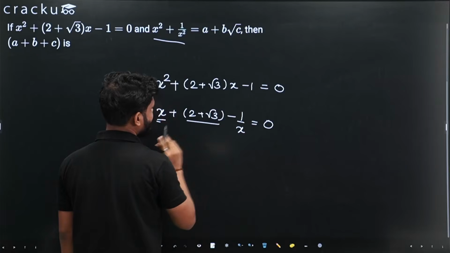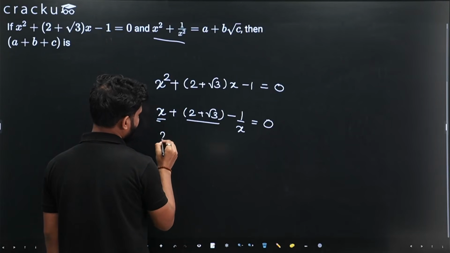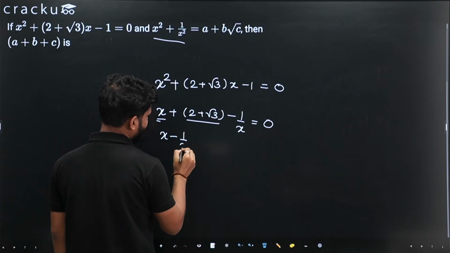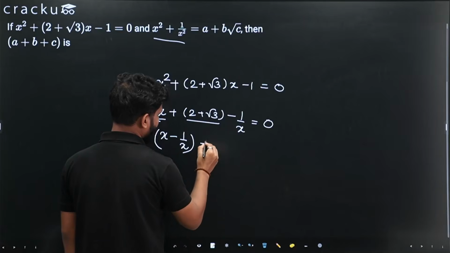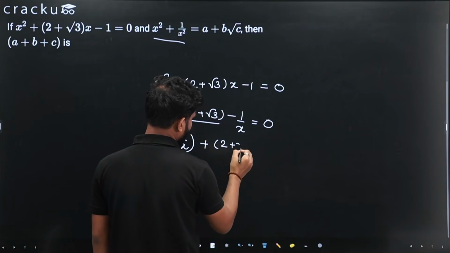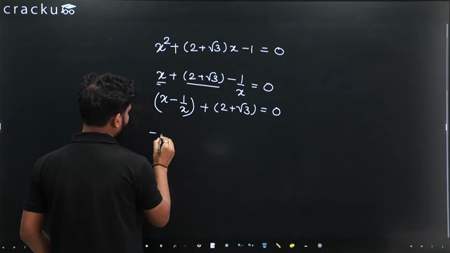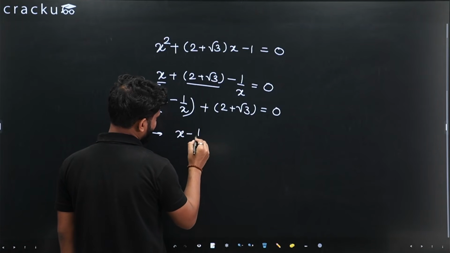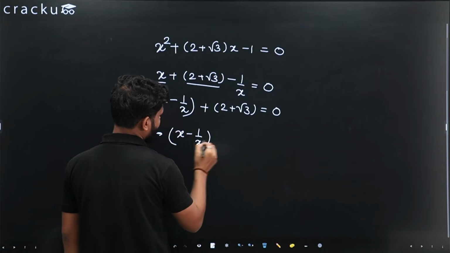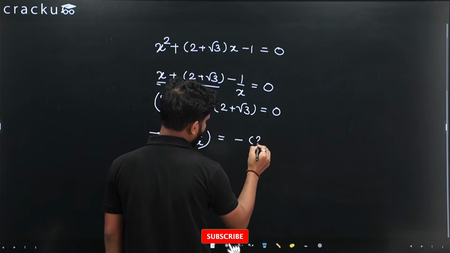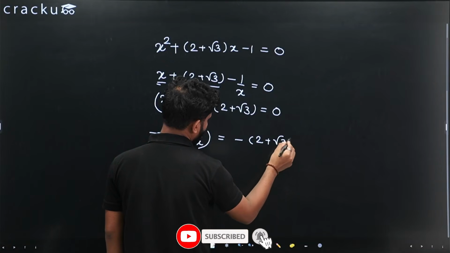Minus 1 divided by x is minus 1 by x. So from here I can say x minus 1 by x plus 2 plus root 3 is 0. Or x minus 1 by x is equal to minus of (2 plus root 3).